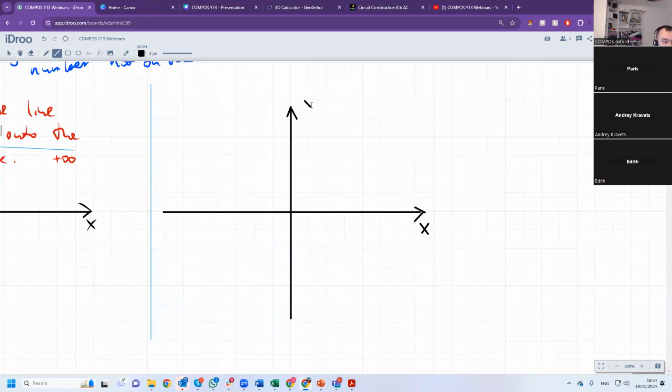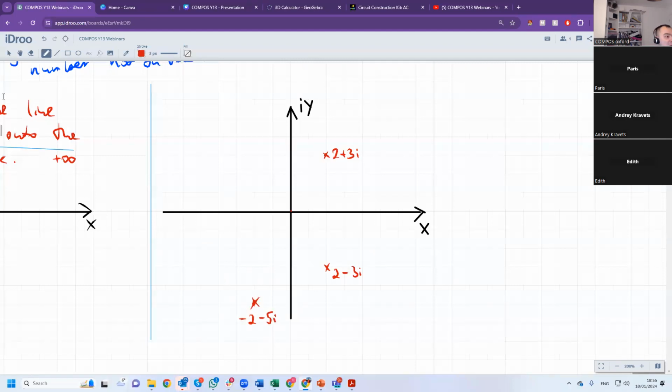So x, iy. And yeah, you know the complex plane, right? So I don't need to explain. This number corresponds to 2 plus 3i, for example. This number is 2 minus 3i. That was an accident. Minus 2 minus 5i, etc.